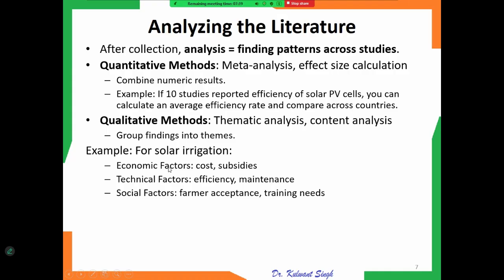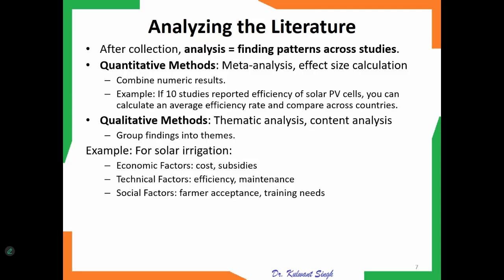Suppose out of 50 papers, there are 20 papers where cost is discussed or some conclusion on the cost is shown. We will take all the 20 papers and report them under the economic factor subheading, that is cost. Similarly, we will find the papers where subsidies are reported, collect all the sources, and report them under the economic factor, under subsidies.